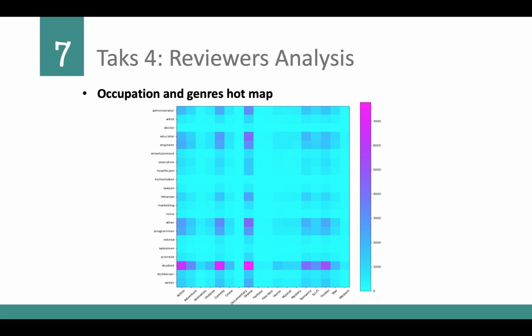Through the heat map, we can not only see more efficiently and clearly that students and programmers are more enthusiastic about commenting on movies online, but also find that people prefer action, comedy, and drama movies. Through these analyses, it will be helpful for possible movie recommendation in the future.